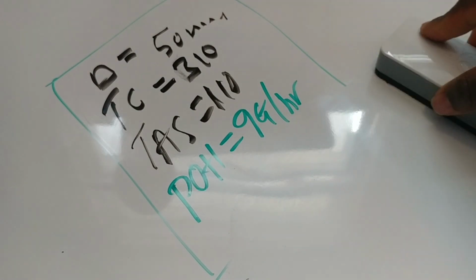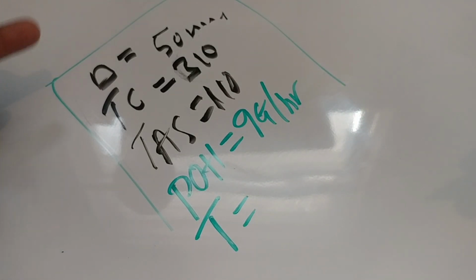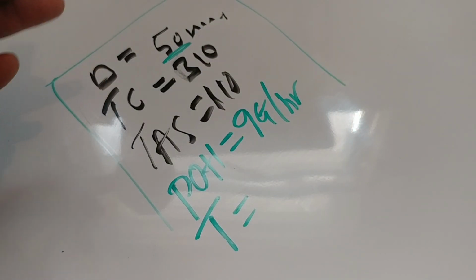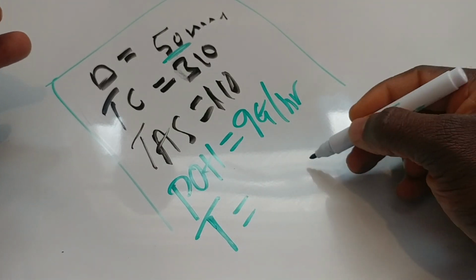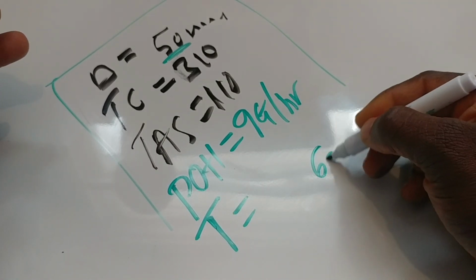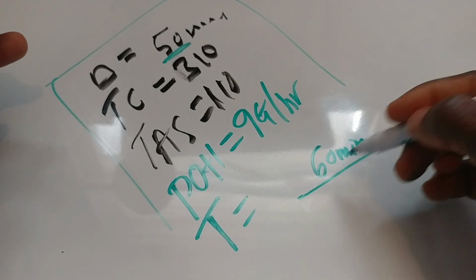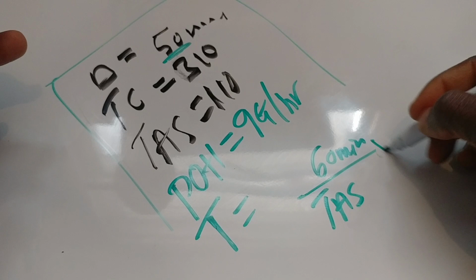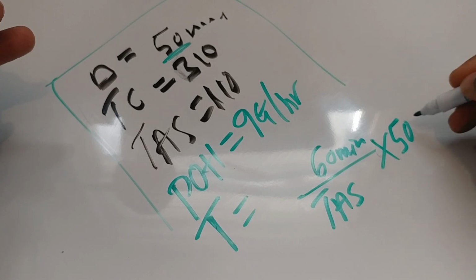Now, first of all, let us calculate the time it's going to take to travel this 50 nautical miles from Accra to Kumasi. Since we are dealing in time, the formula is 60 minutes divided by the true airspeed, times the distance, which is 50 nautical miles.